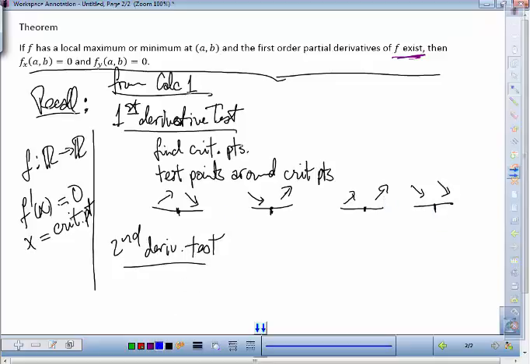And that's how you would identify the local max, local min, and this is neither. And most of the time it ends up being what?